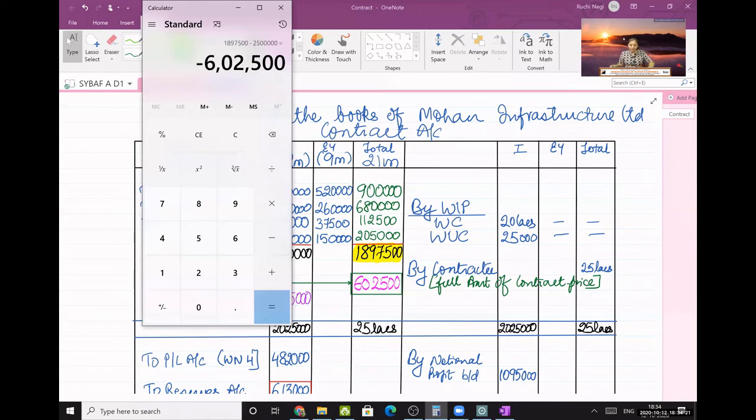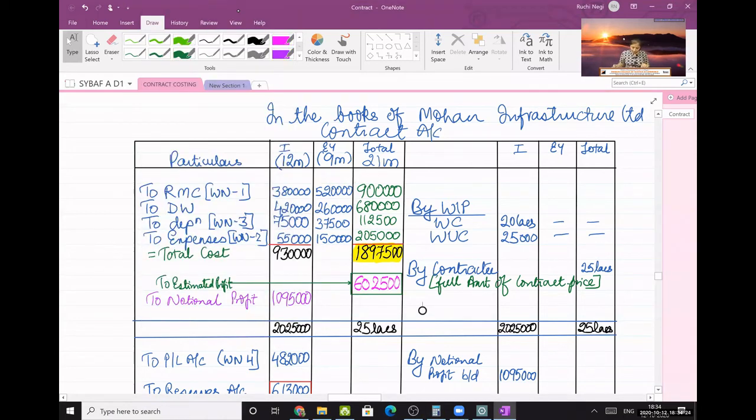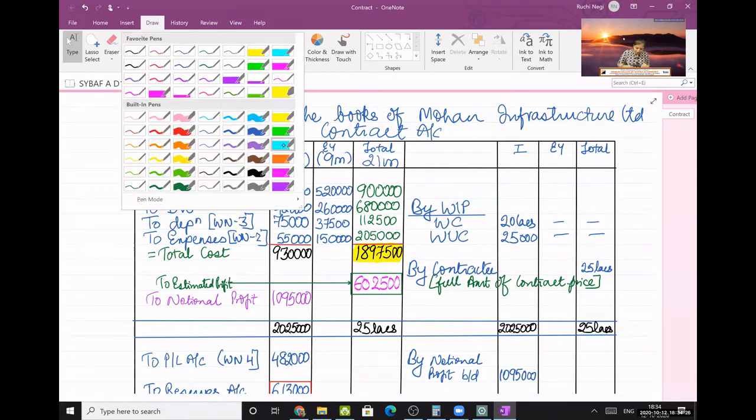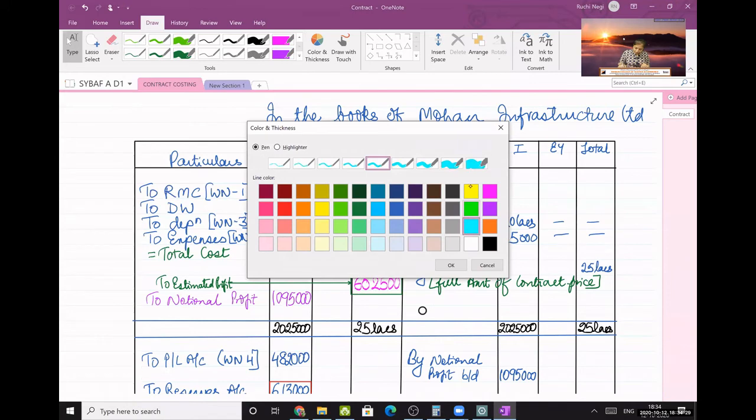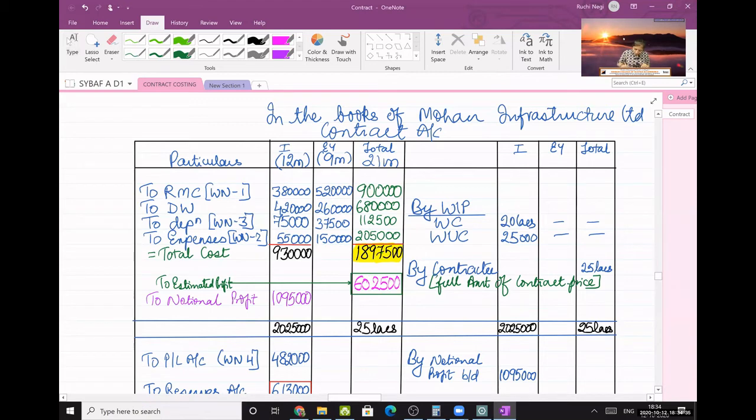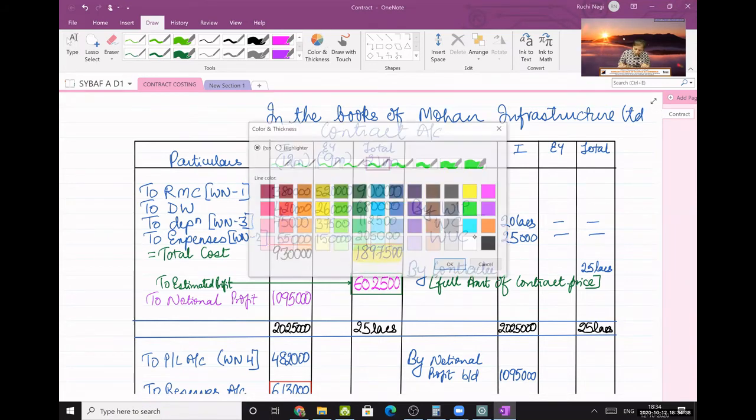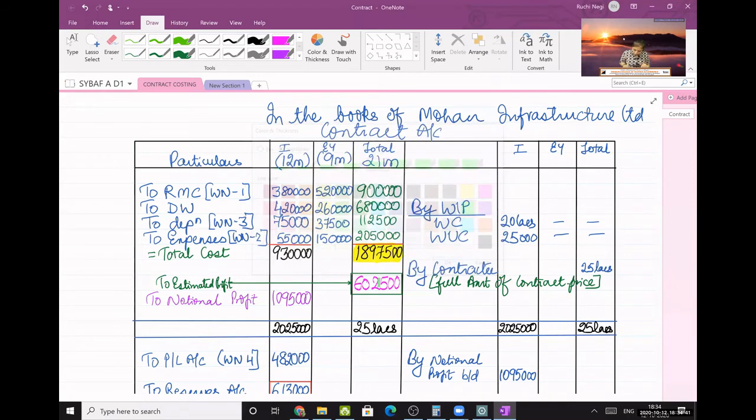So see, 6 lakh 2,500. 6 lakh 2,500. This is important. This will help you to calculate your notional profit, I mean the part of the notional profit which you are going to transfer to P&L.